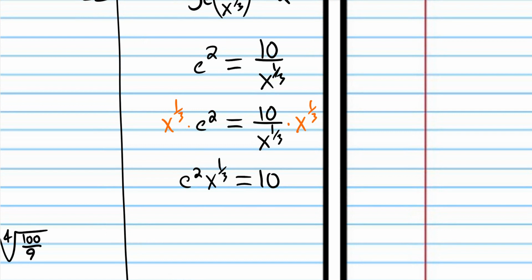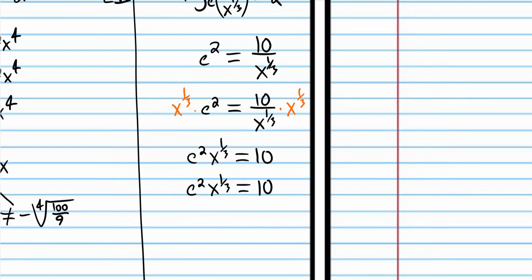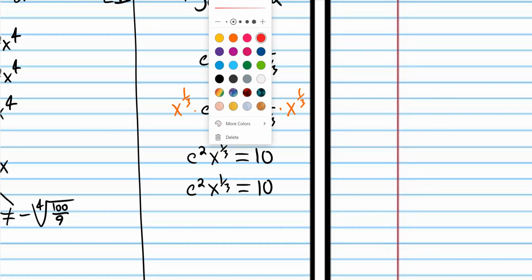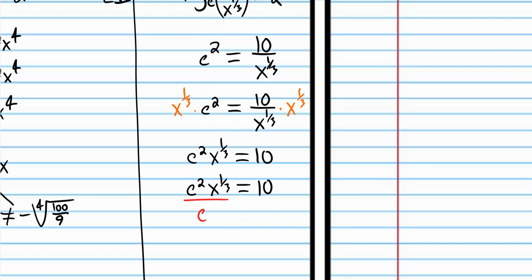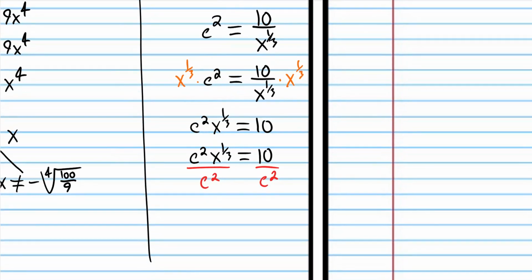And then we're going to divide both sides of the equation by e squared. And the whole purpose of this is to get x by itself. So now we have x to the 1/3 power is equal to 10 over e to the second power.